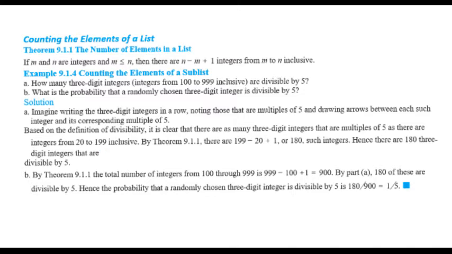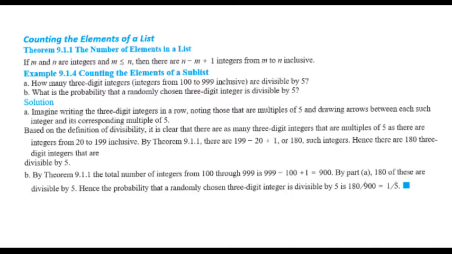And since there is a one-to-one correspondence between these integers and all the three-digit integers that are divisible by 5, we can say the total number of three-digit integers that are divisible by 5 is also 180.